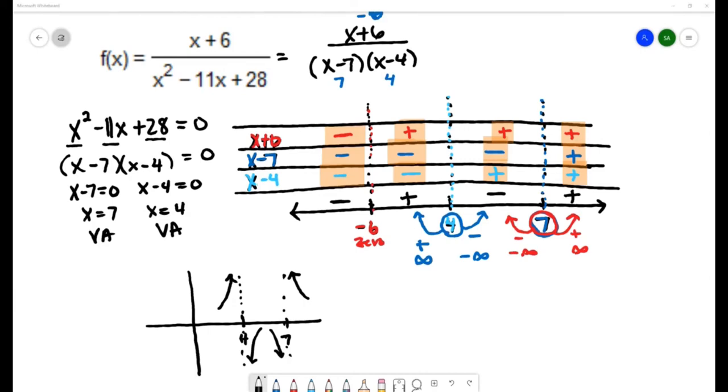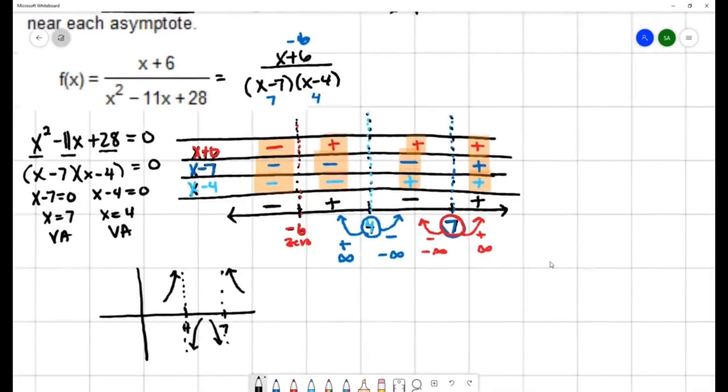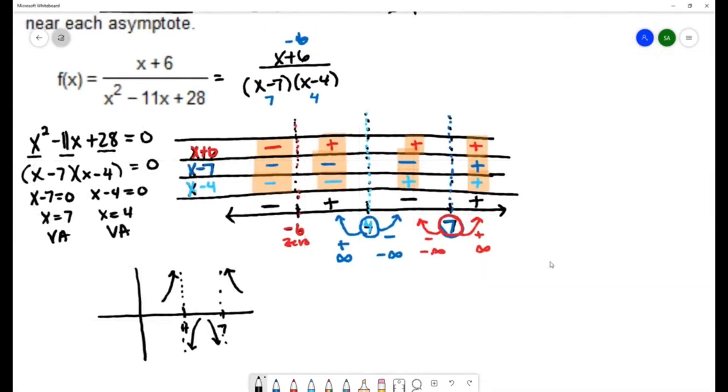So I showed you how to get those pluses and minuses from the sign chart. But if that is confusing or maybe too much work, you can also choose test points. So I could choose test points on either side of my asymptotes.